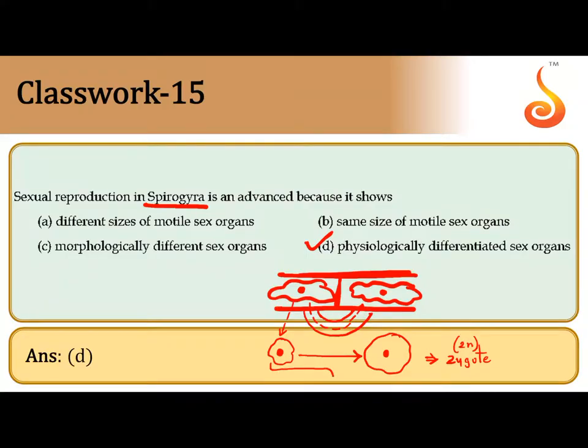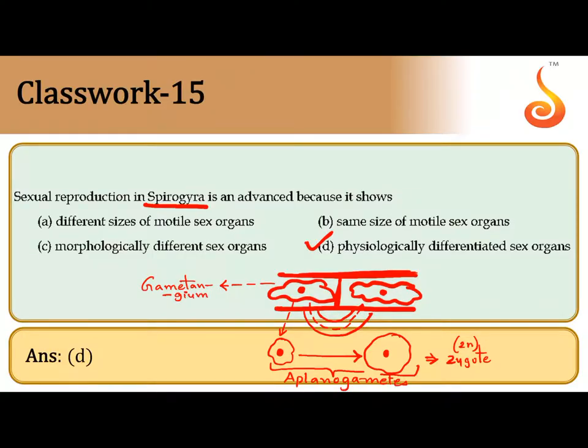What do we call such gametes which are non-motile? We call them aplanogametes. The male sex organ is nothing but a cell, the protoplast. So we call it the male gametangium. We use the word gametangium for the sex organs here.